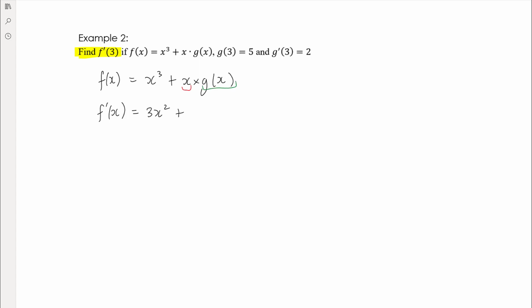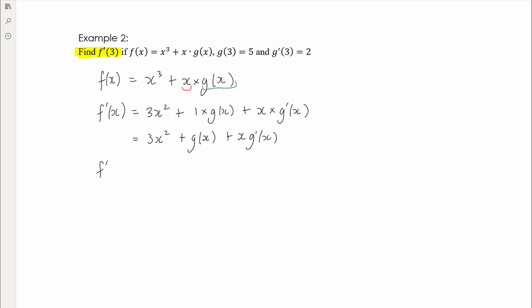Two functions, linear function, multiplying by an unknown function. So we need the product rule. So derivative of the first function is 1, leave the second function as it is, plus, leave the first function as it is, multiply by the derivative of the second function. Okay, so f dash x is 3x squared plus g of x plus x times g dash x.